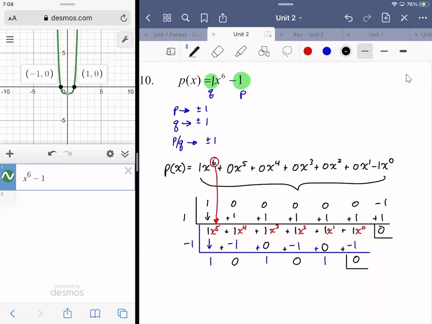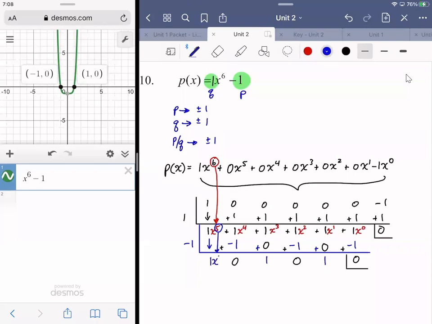But then we did synthetic division a second time. So it would make sense that we're going to reduce our power a second time. So instead of it going from 6 and just staying at a power of 5, we did synthetic division a second time. So now it's going to go to a power of 4.